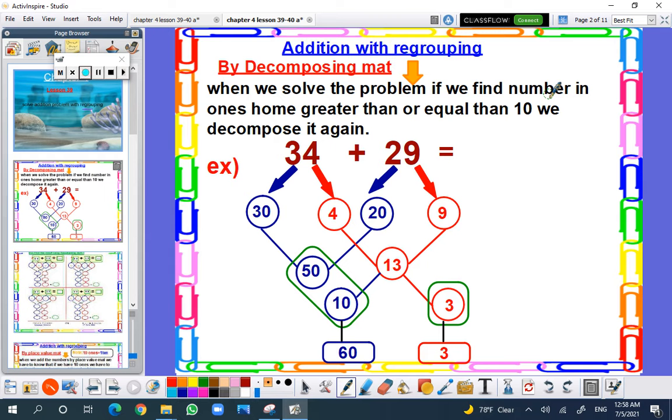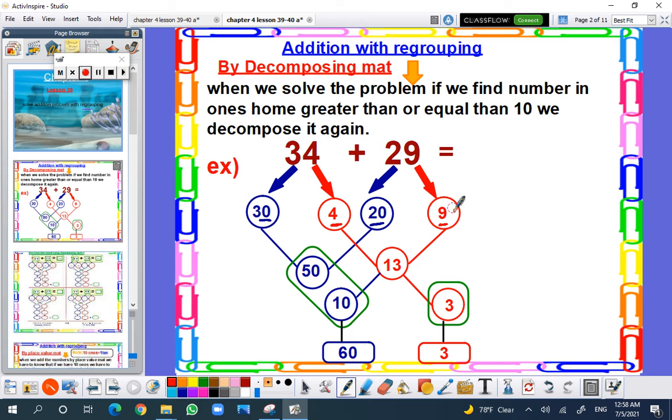For example, 34 plus 29 equals what by decomposing math? So what is the first step? I'm going to decompose 34. So 34, 3 on the tens, so it will be 30. And what about the 4? The 4 will be 4 on the ones as it is, plus 29. So 2 on the tens it will be 20, and 9 on the ones it will be 9 as it is.